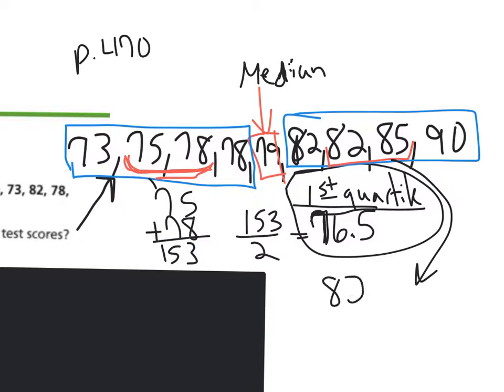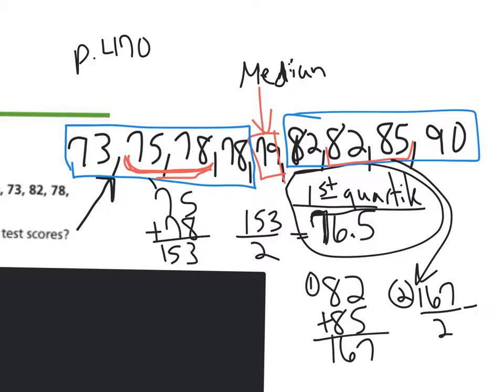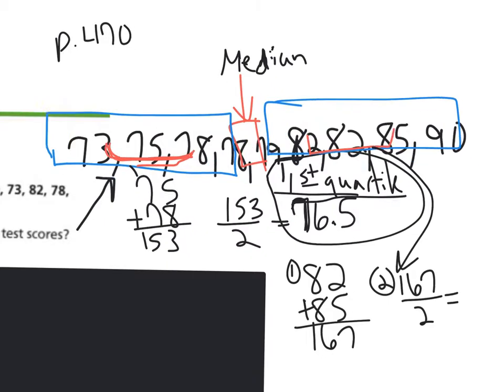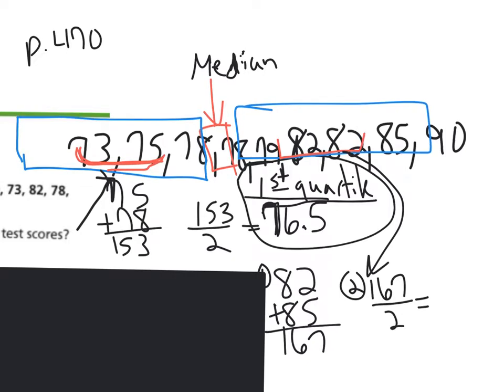Again, if you can see what's exactly halfway between 82 and 85, you can do that, but otherwise add those and divide by 2. It would be 83.5. Good. So 83.5 would be our third quartile or upper quartile.